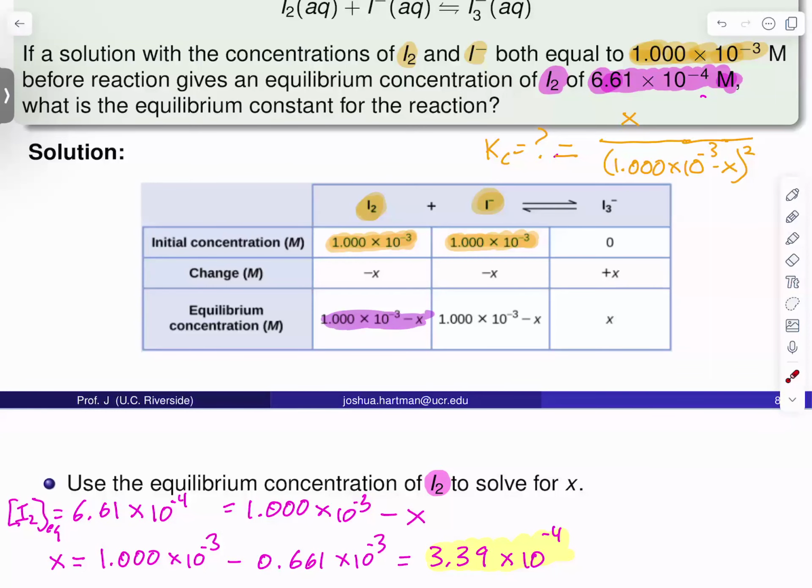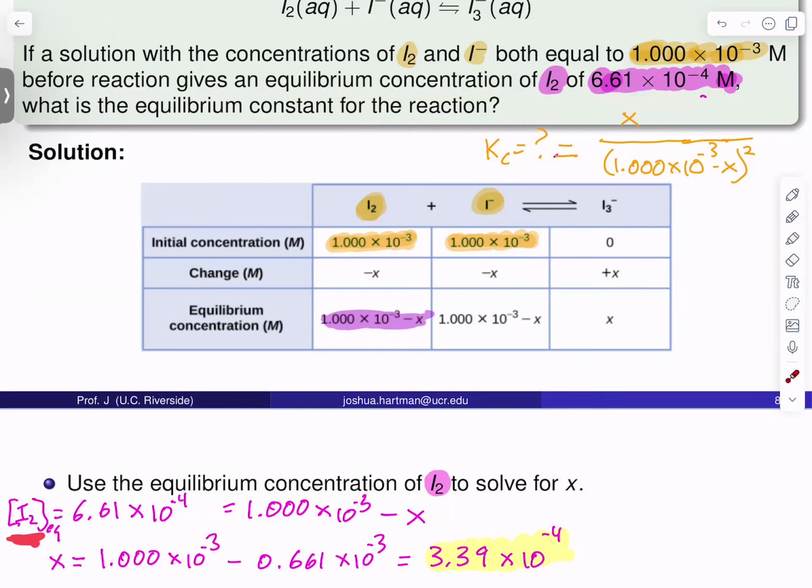We need to use the information regarding the chemical equilibrium, where I said, hey, look, at equilibrium, we know how much I2 we have. It's 6.61 times 10 to the minus 4. So this value in purple, highlighted in purple, is actually given to us in the context of the problem. So we can write this down.